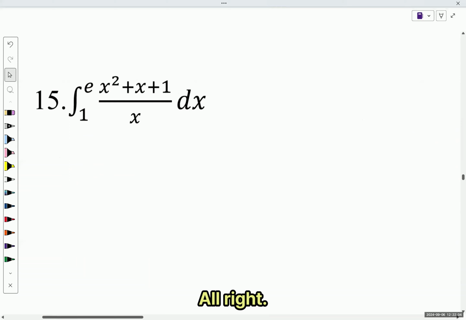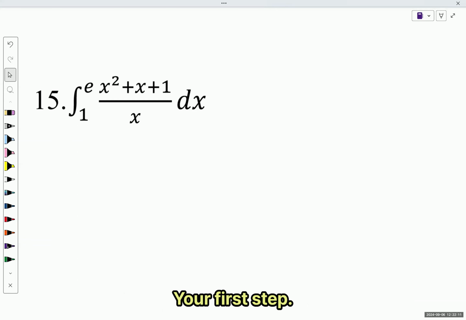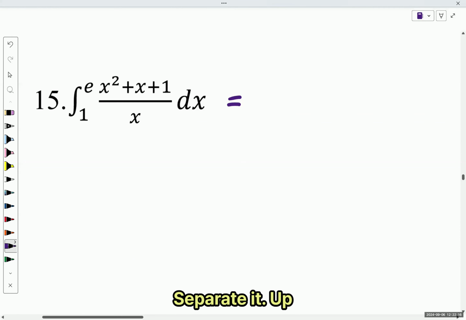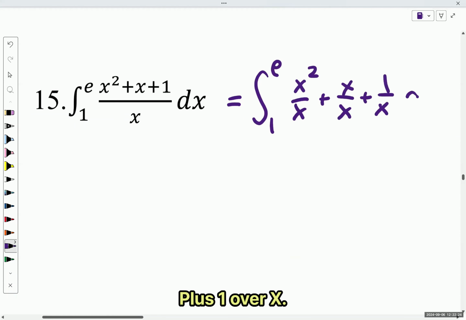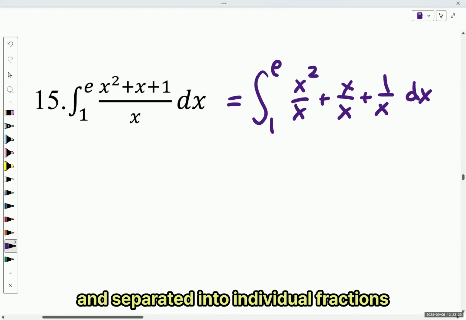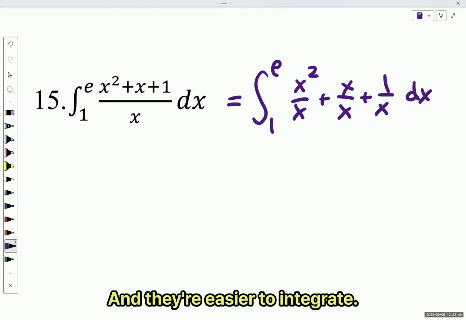Cool. All right. So for 15, I know that it's tempting to try to do a U sub. Don't. Your first step, separate it: X squared over X plus X over X plus 1 over X. Go ahead and separate it into individual fractions, because those individual fractions will actually simplify into really nice things, and they're easier to integrate.